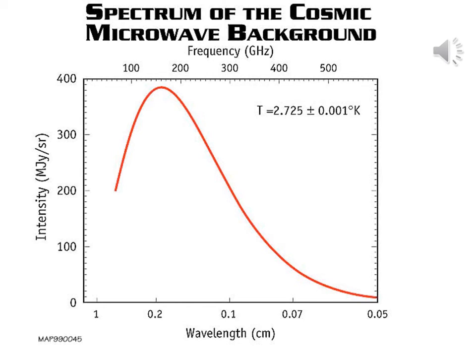That radiation of light, invisible light since the wavelength is so long, coming from all over the universe, is one of the strongest proofs for the existence of the Big Bang. Of course, more on that will come later in the class.